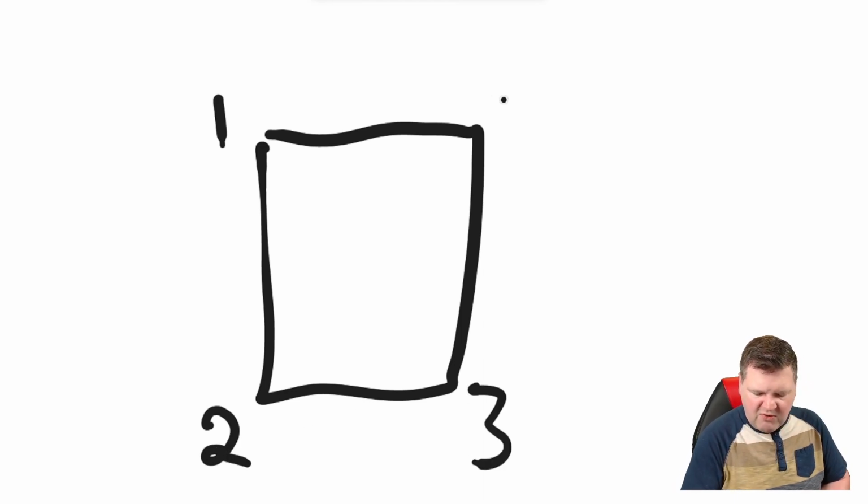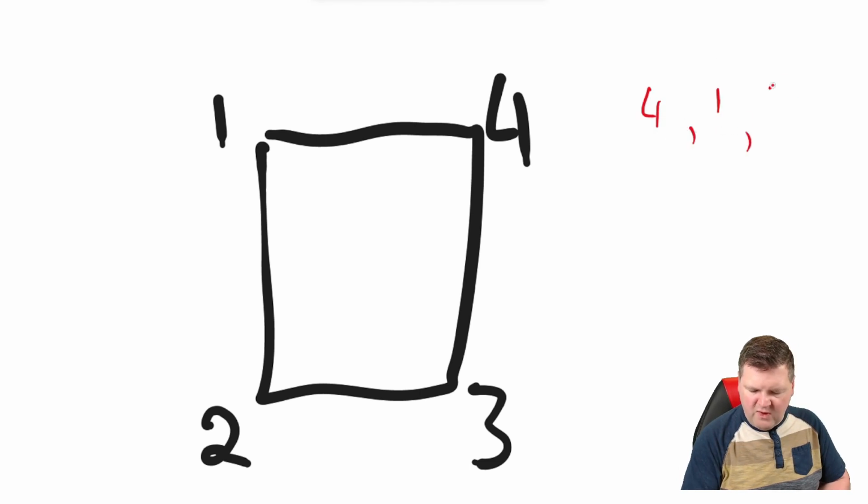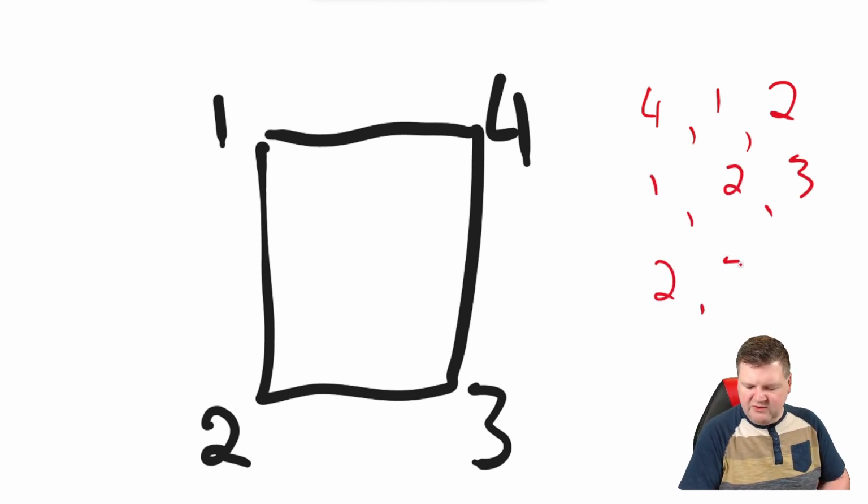So now I think I can show you if I've got a square here, and I don't know which order they're going to be in. It doesn't matter. 0.1, 0.2, 0.3, and 0.4. I'm hoping that's showing up. Yep. The adjacent vertex groups are going to be like 4, 1, 2, because we're asking for them in groups of 3. 1, 2, 3, 2, 3, 4, and then 3, 4, 1.